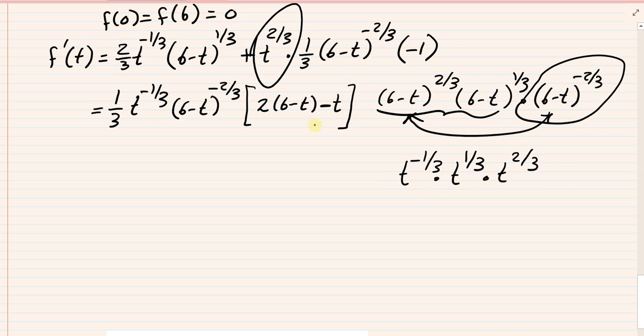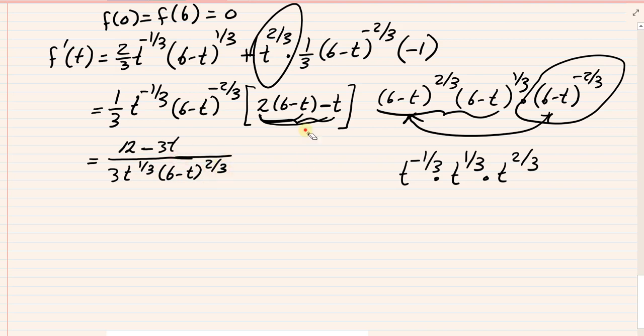Now let's see, what's the next step? Next we can write them with positive exponents. Inside a bracket, that's going to be 12, right? It's going to be 12 minus 2t minus t, which is 12 minus 3t, divided by 3 t to 1/3 times (6 minus t) to 2/3.